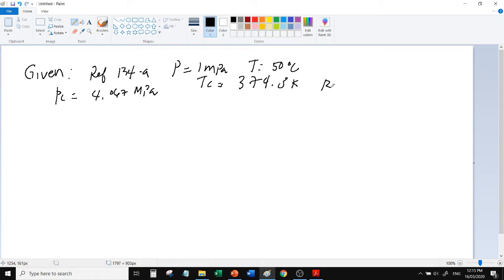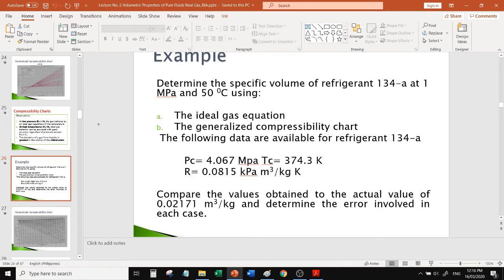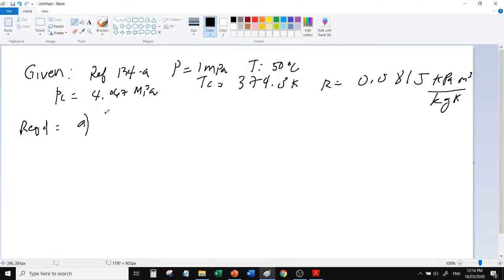So, gamitin daw na yung R na equal to 0.0815 kilopascal meter cube per kilogram Kelvin. Pardon my handwriting. Okay. I'm still adjusting to this pen. So, ang required ay specific volume if we assume na ideal gas.